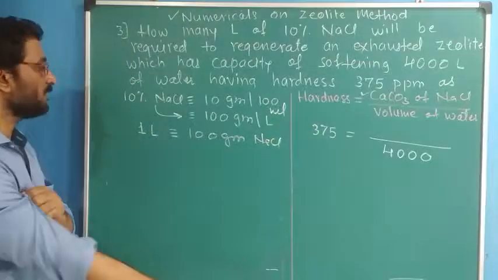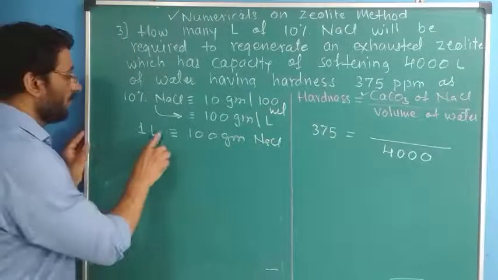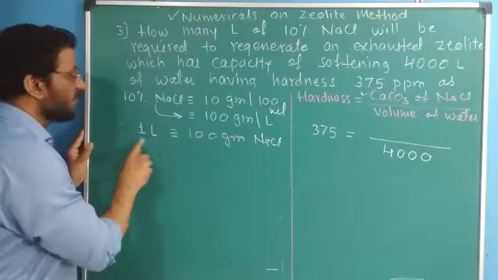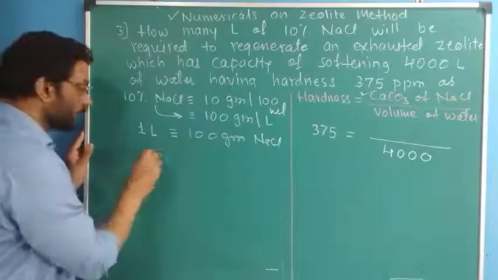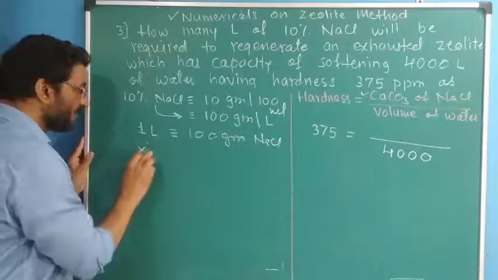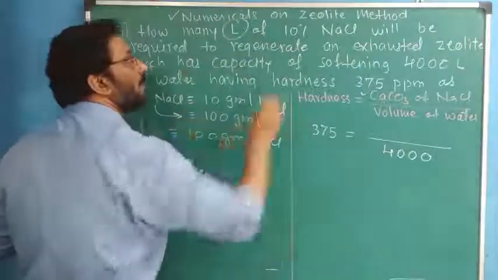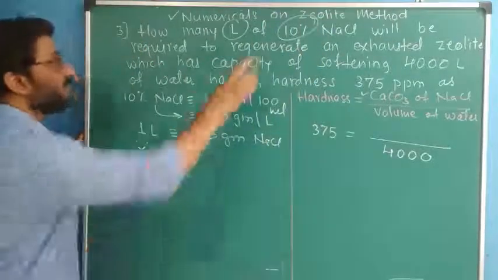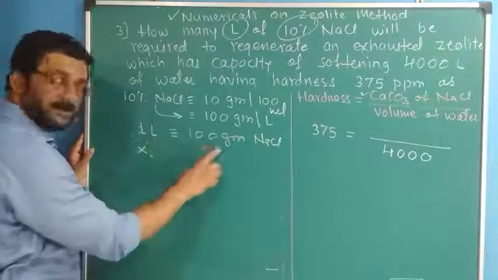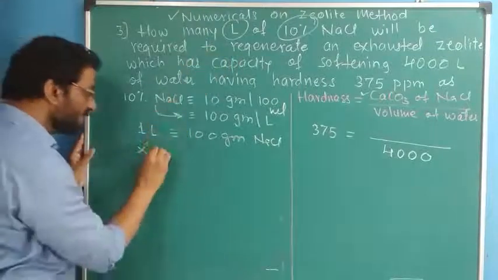Now such volume is asked containing 100 grams, so that we will write as X. They have asked for the volume of this NaCl. This NaCl means per liter 100 gram. So how many such liters?